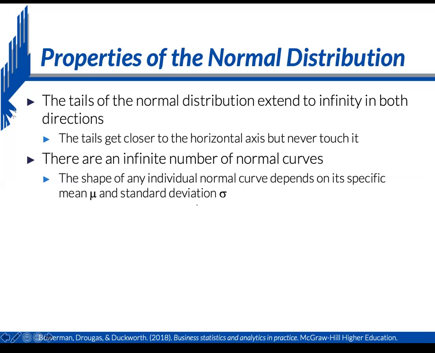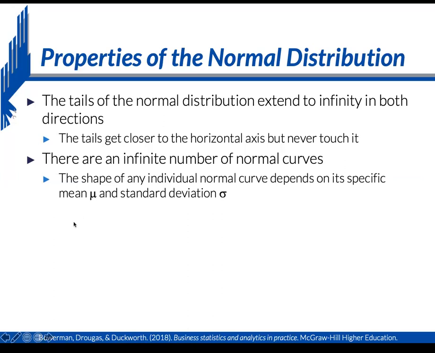So that's also reflected in the normal distribution. That's why the tails extend to both directions. But even if the tails are asymptotic to the x-axis, or to the horizontal axis, the total area under the curve will still be equal to 100%.